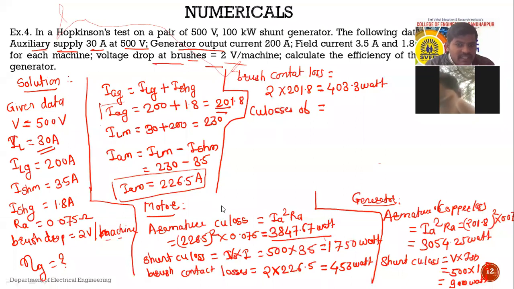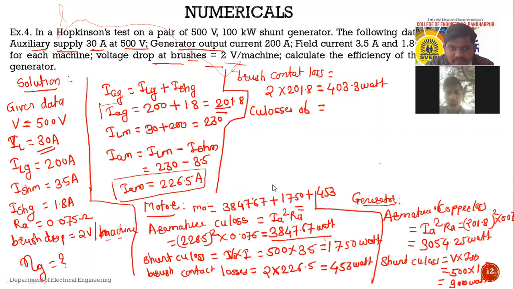First calculate the motor copper loss total. मोटर कॉपर लॉसेस याच्यामध्ये 3847.67 प्लस 1750 प्लस 453, किती येत आहे ते व्हॅल्यू? 6050.76.